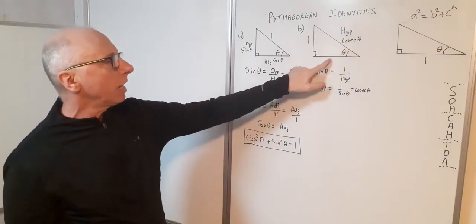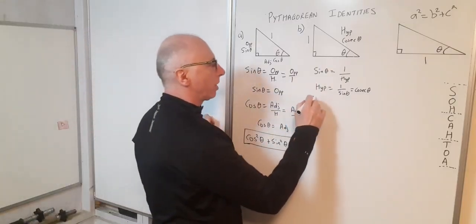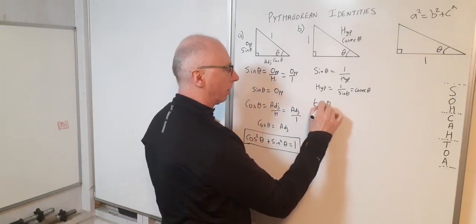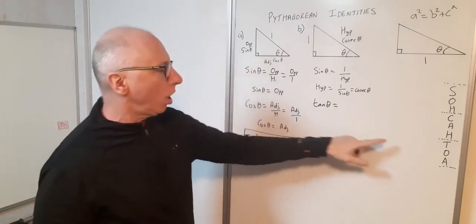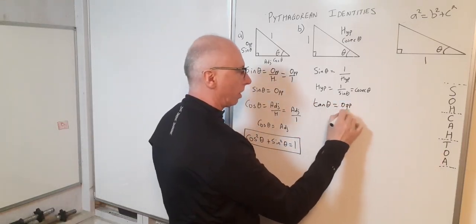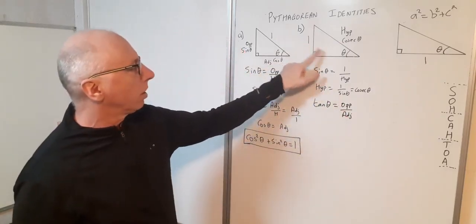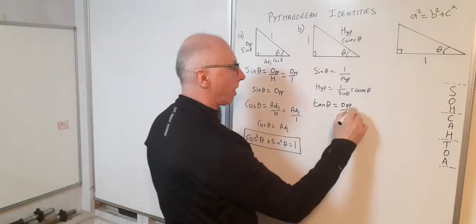So what I'm going to do here is use tangent. So tangent theta equals opposite over adjacent. Here I've got opposite over adjacent. So I've got that one given.